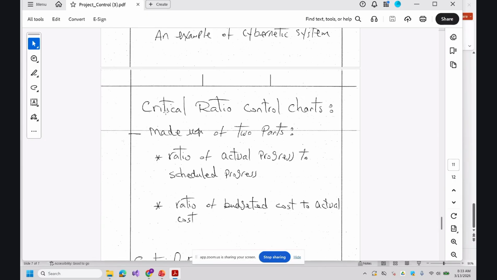Critical ratio control is made up of two parts: the ratio of actual progress to scheduled progress. What does it mean? It means that you and your friend thought you were going to finish a work in 15 days, but actually it took you 25 days to finish it.